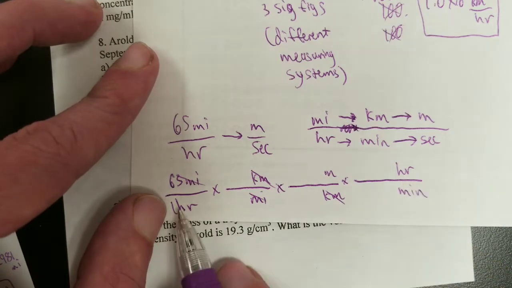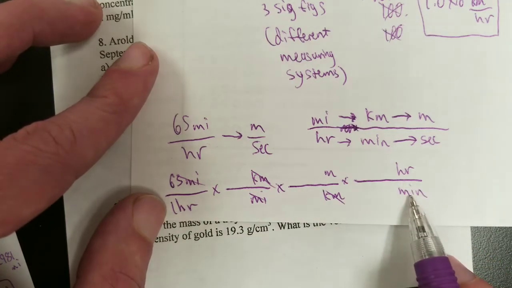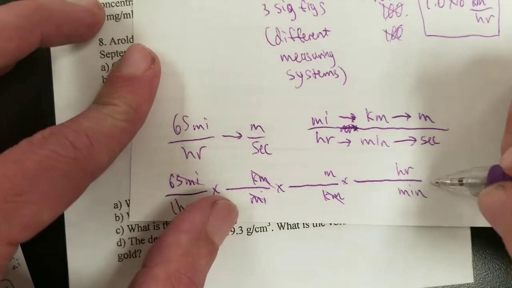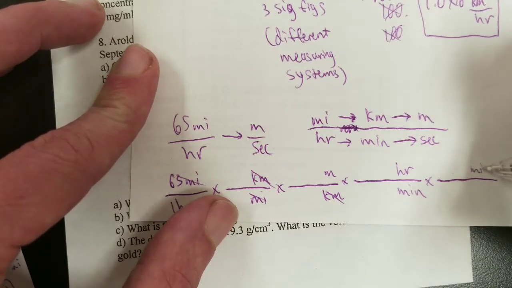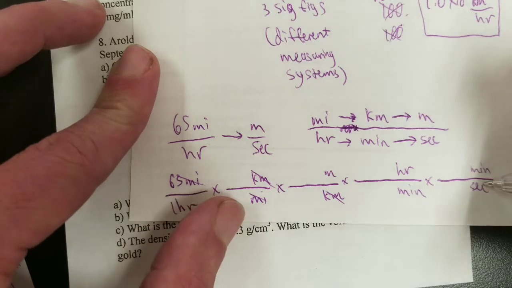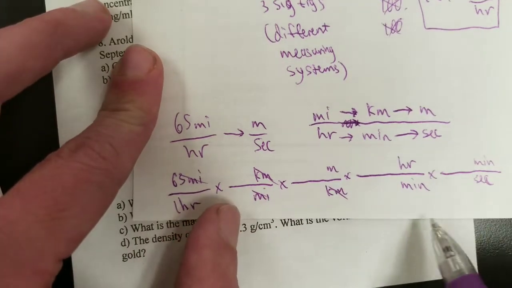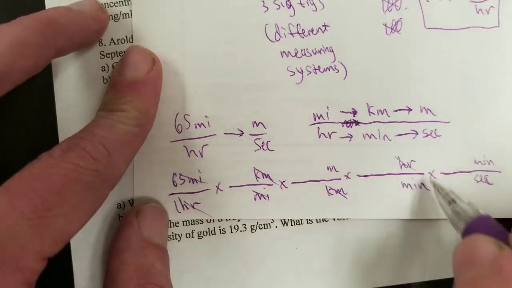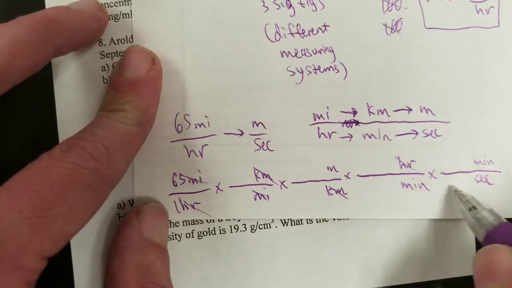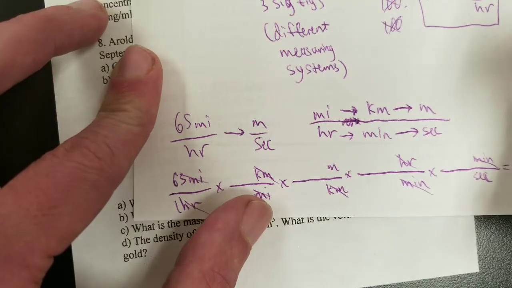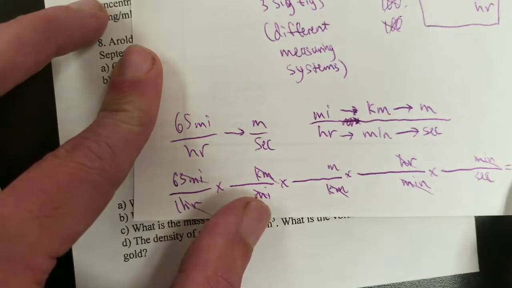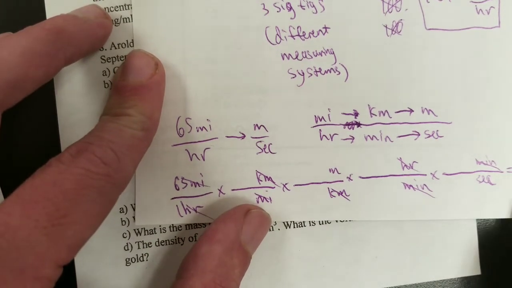Then we go from minutes to seconds. Hours cancel hours, minutes cancel minutes, leaving meters on top and seconds on the bottom, which is exactly what the question's asking for: meters per second.